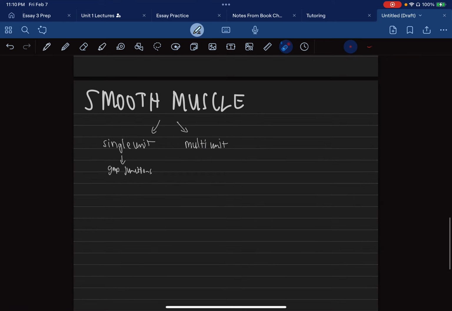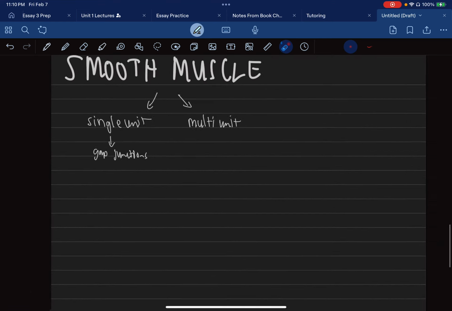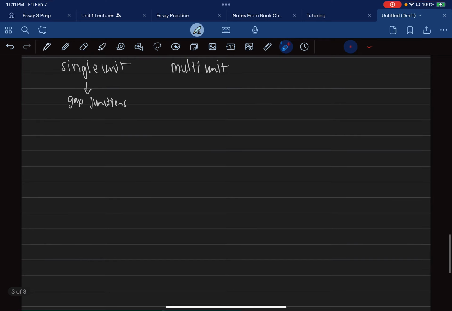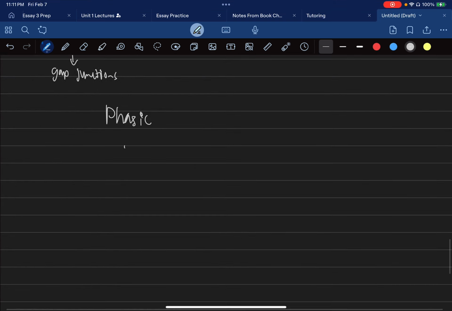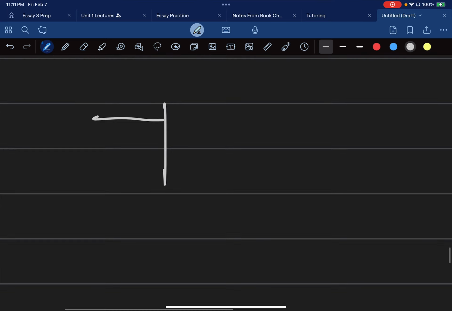And the way that smooth muscle contracts, there's two different types. The first is called phasic. So what's going to happen here, it's kind of similar to our skeletal muscle.